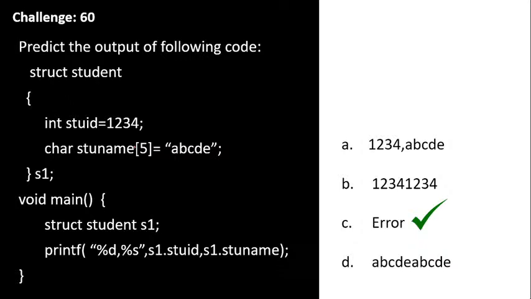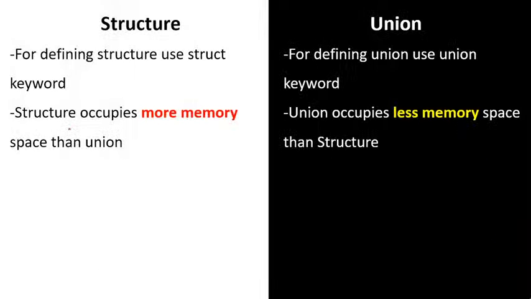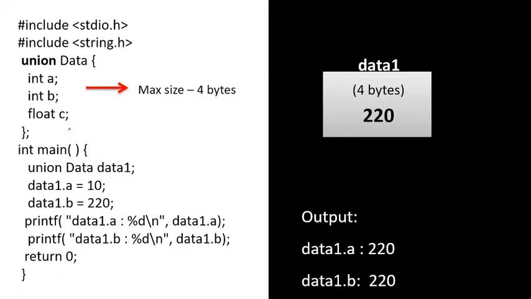We can assign values in structures, but this is not the way. I would have shown you the way, no? Wait, I'll show you the way. See, here I'm assigning values. Union and structure are the same in this, so don't tell sir this is union. So data1, that is my structure variable, dot A equal to 10.